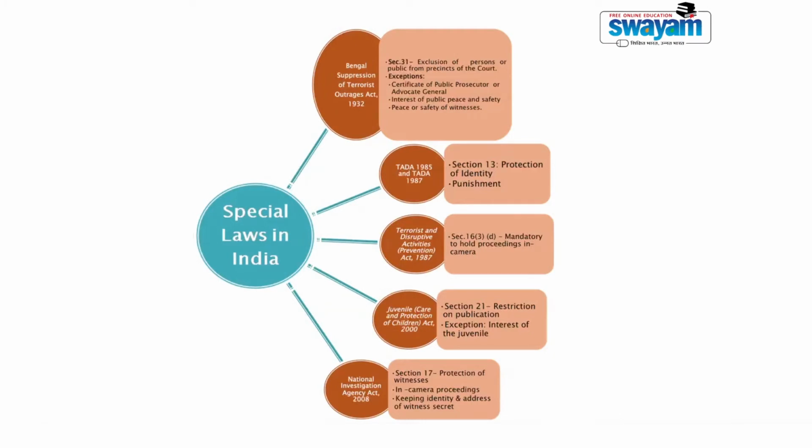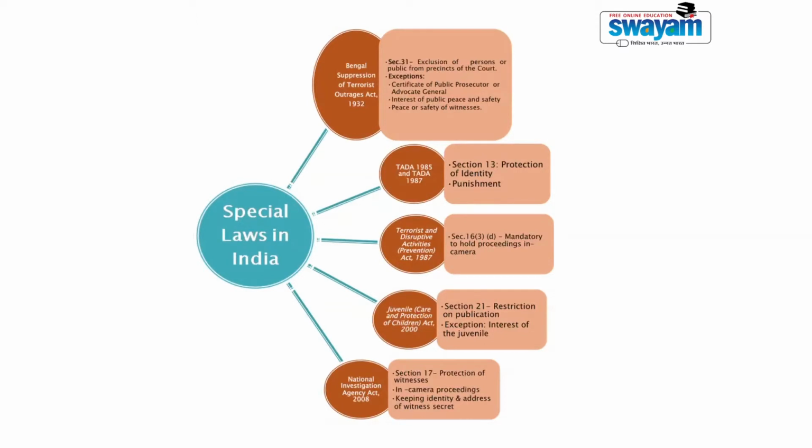Also the second special law, that is the TADA of 1985 and TADA of 1987, protection of identity. Section 13 speaks regarding the protection, especially in terrorist acts or cases related to terrorist or organized crime.